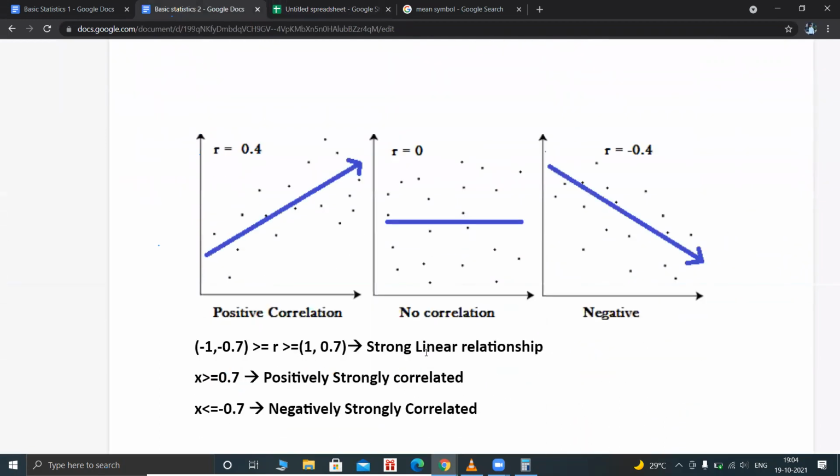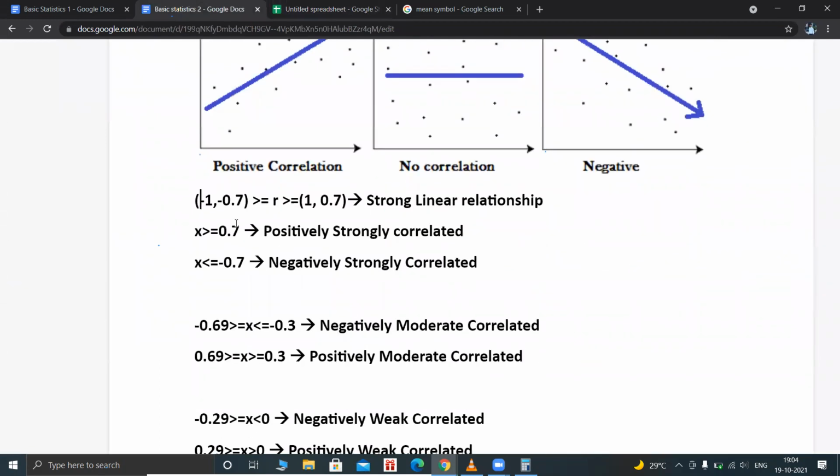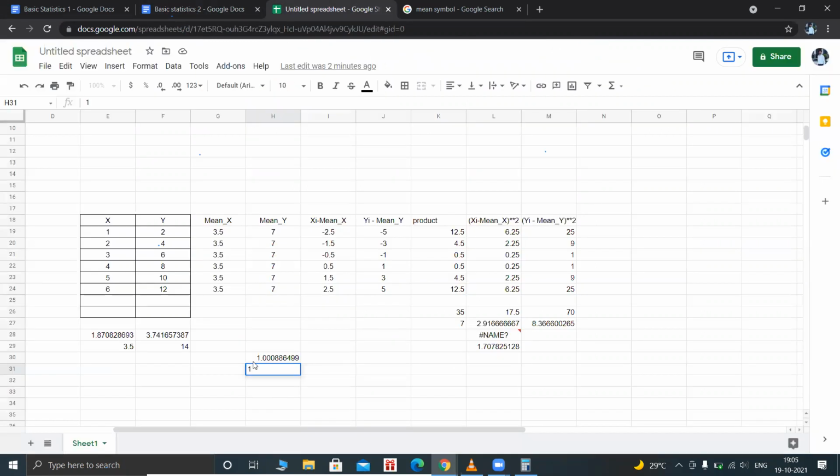Based on this format, is it positive or negative, guys? Positive, right?